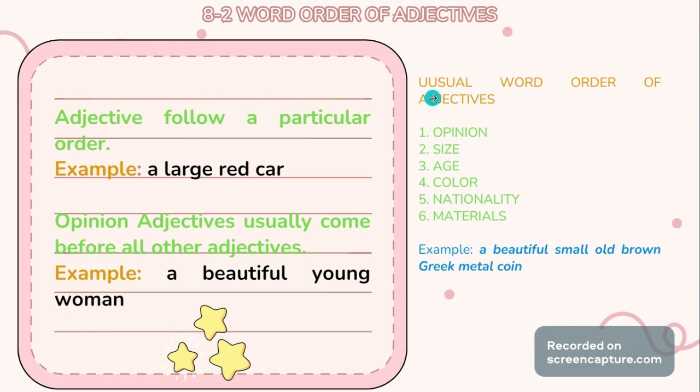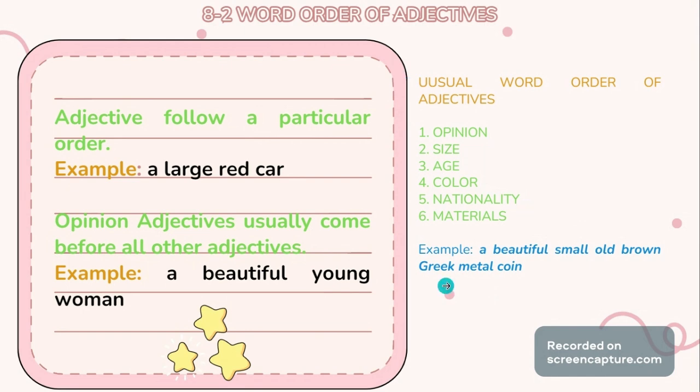And the usual word order of adjectives. The first one is opinion, second size, third age, fourth color, fifth nationality, and sixth material. It's important when you are making a sentence.